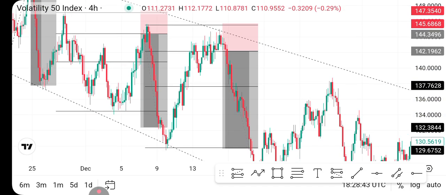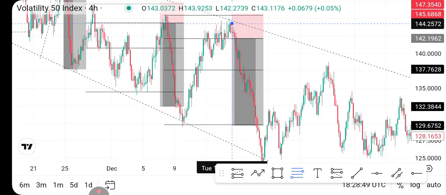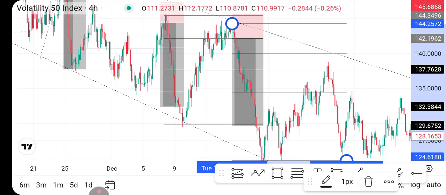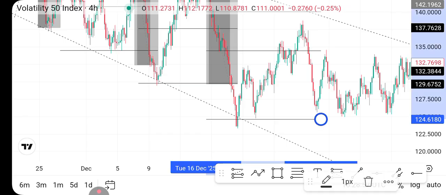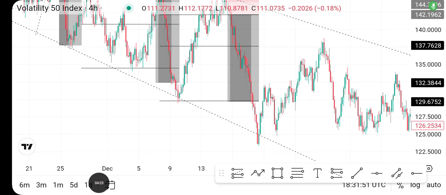A break of structure again, a break of structure here, pick it from the high, 70%. This one did not reach 70%. Okay, the next break of structure is here.